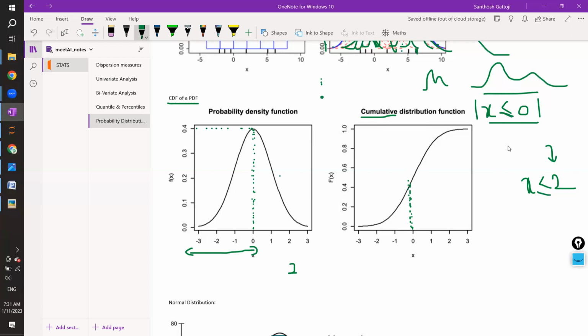That means it gives the probability that the random variable is at 0 or less than 0. Here the minimum of the range is -3, so indirectly we are asking what is the probability that a value will be found between -3 and 0, that is -1, -2, -3. This is the probability I want. How will I get this probability from the probability density function? What is the probability?